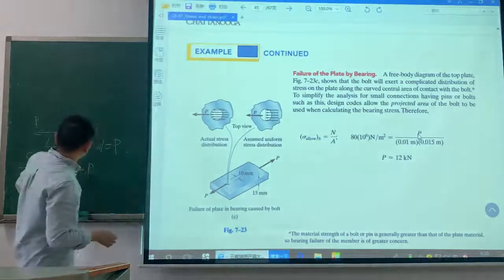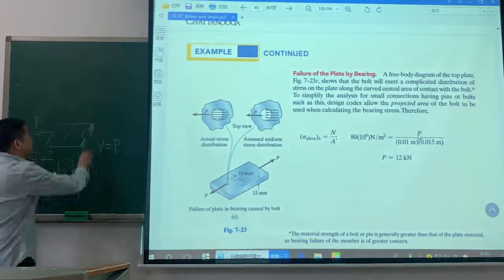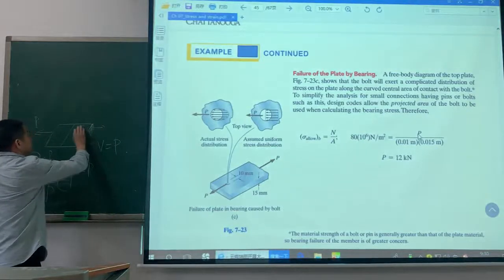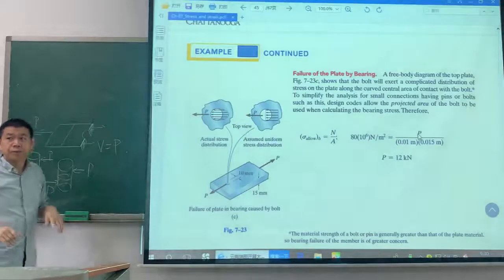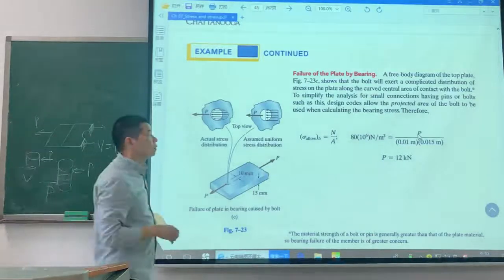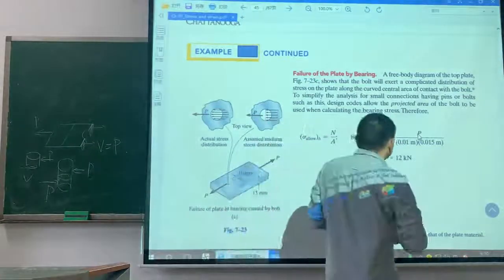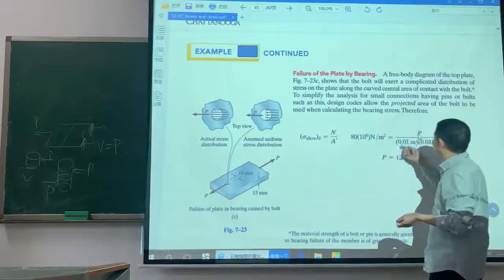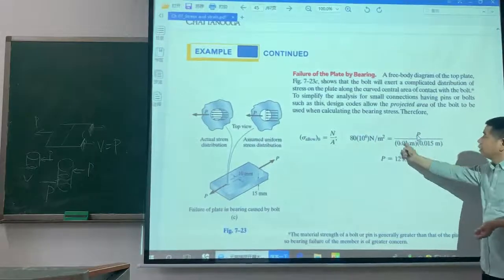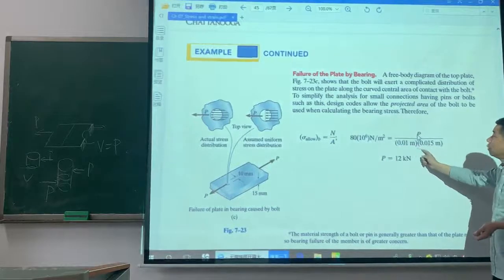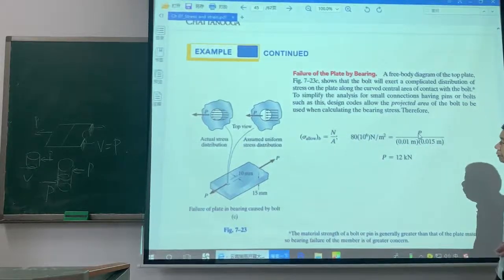In this case, V is P, is N. The magnitudes are the same. So, P over the area.